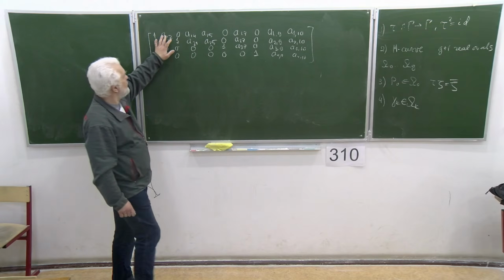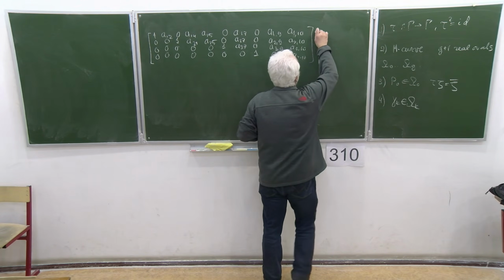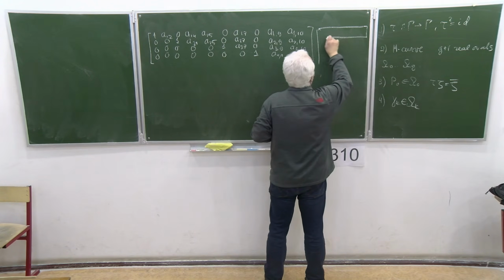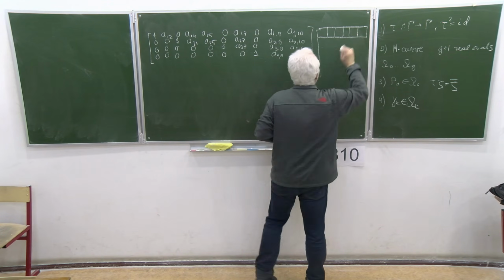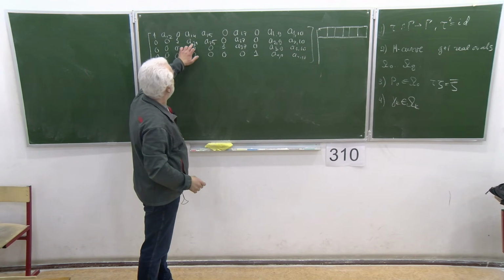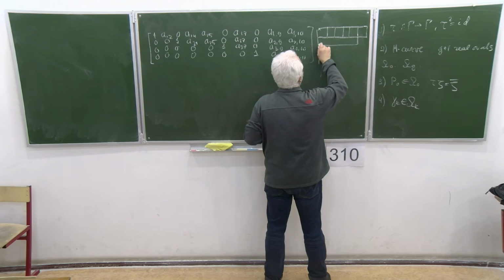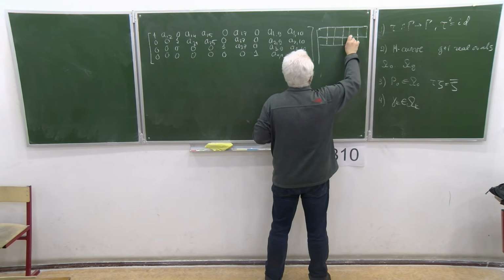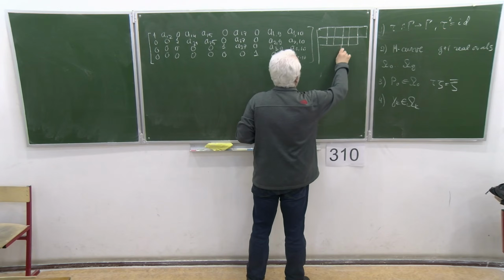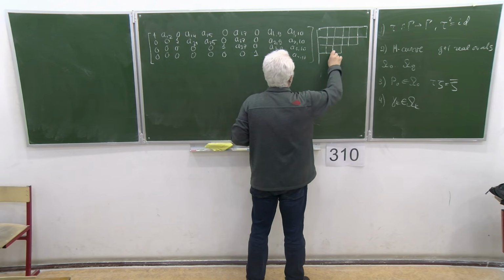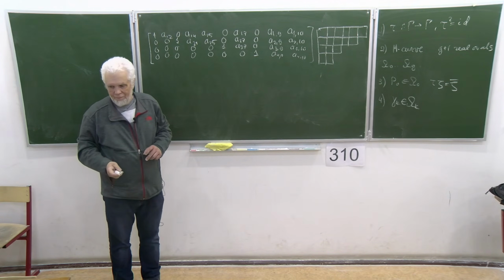And then we count the numbers 1, 2, 3, 4, 5, 6. How do you associate this Young diagram?